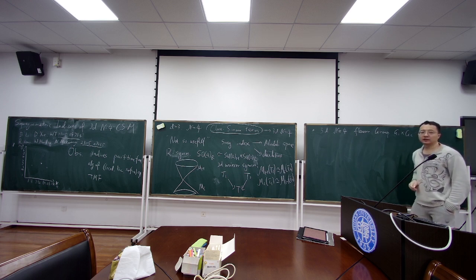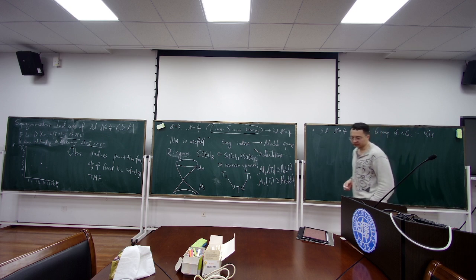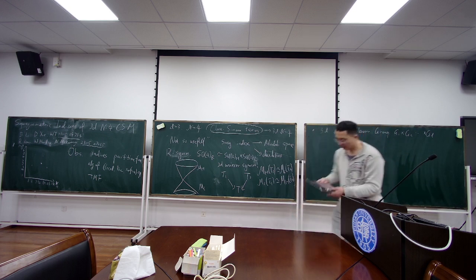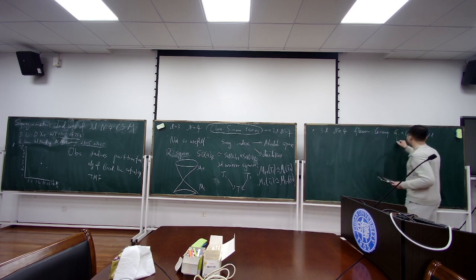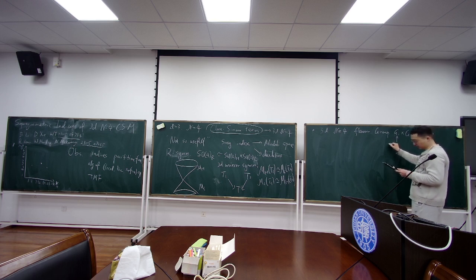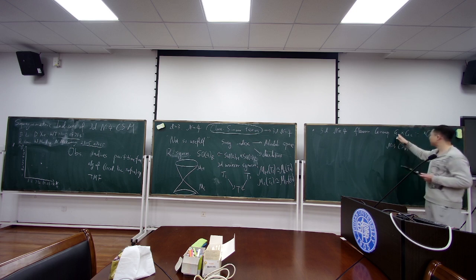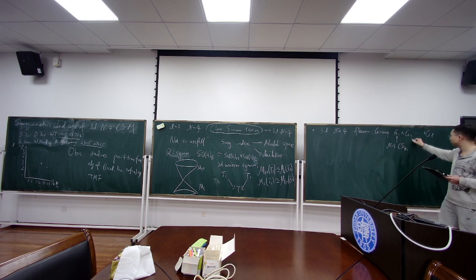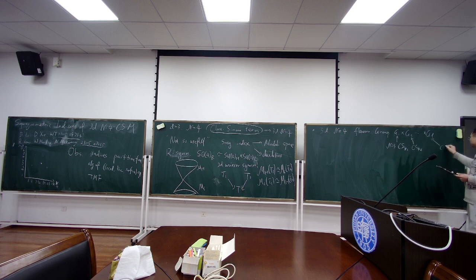Then I couple each Gi with an N=3 Chern-Simons term with a level k. I couple this one with Chern-Simons level k1, this one with level k2, and the last one with level k3.